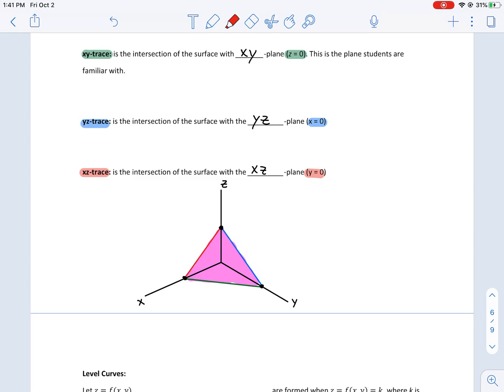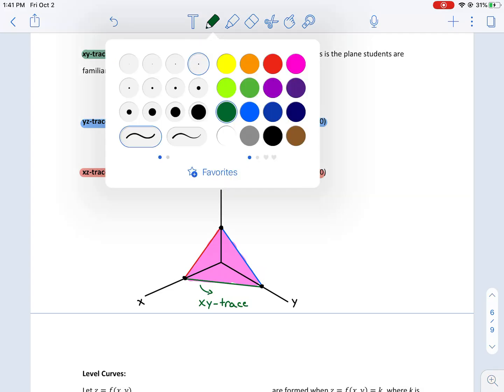Now I've gone ahead and I've drawn a plane in the XYZ grid, and I'm going to identify all three traces, starting with the XY trace. This green line is called the XY trace because that's where the surface intersects the XY plane.